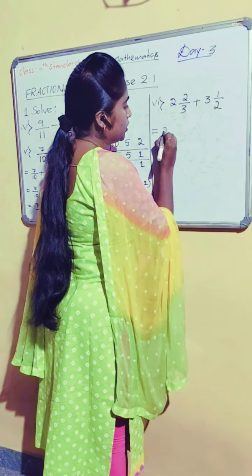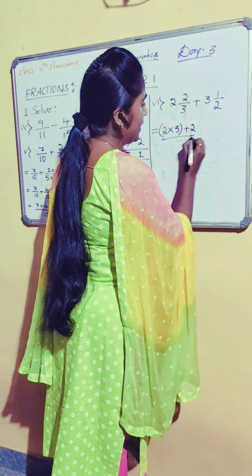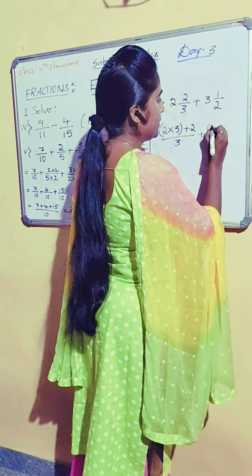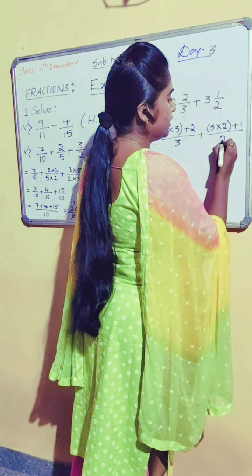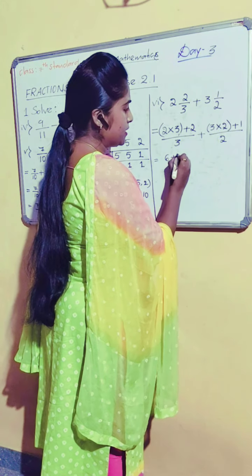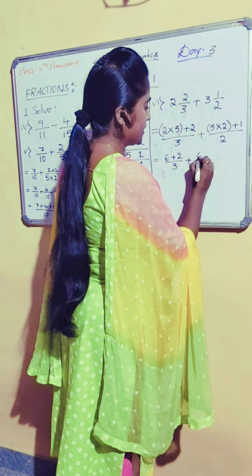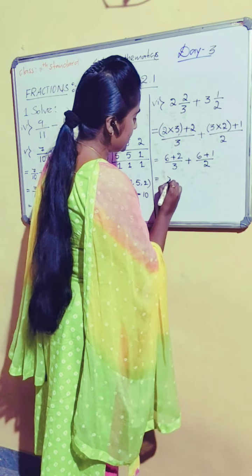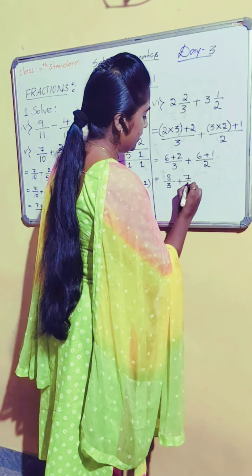So 2 into 3 plus 2 by 3, plus 3 into 2 plus 1 by 2. So 2 3s are 6 plus 2 by 3, plus 3 2s are 6 plus 1 by 2. 6 plus 2 is 8 by 3, plus 6 plus 1 is 7 by 2.